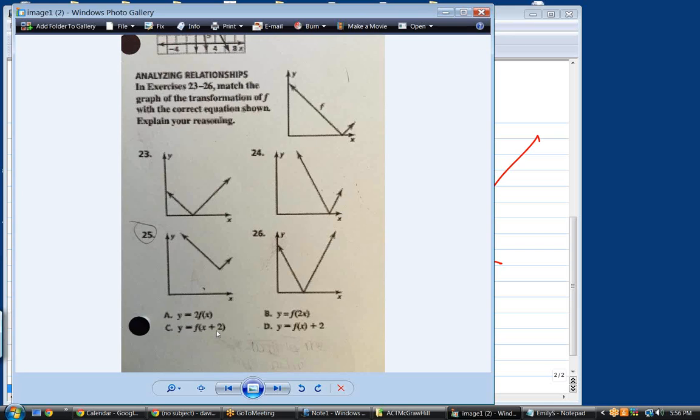What's that called? Because of the way it's f of x plus c with the x plus c inside the parentheses, that is a horizontal shift. So this is horizontal shift, this is vertical shift, this is vertical stretch, this is horizontal shrink.